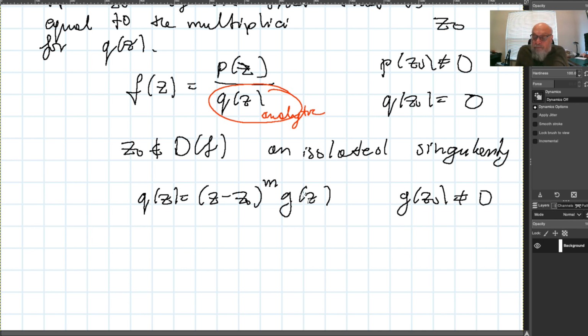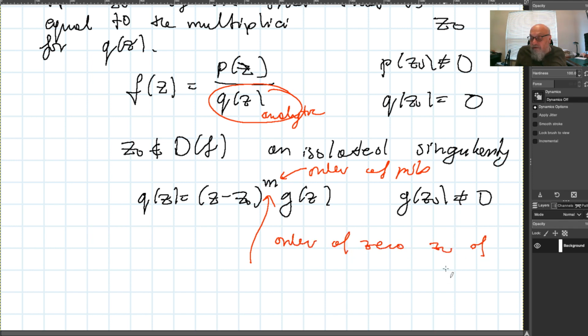That means you took out from the expansion of q of z the maximal possible factor z minus z0 to the n, and this is the order of the pole. This is the order of zero z0 of the function q of z, so this is the order of the pole of f of z.